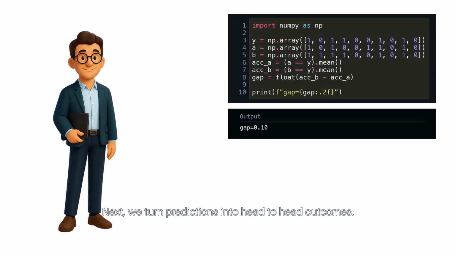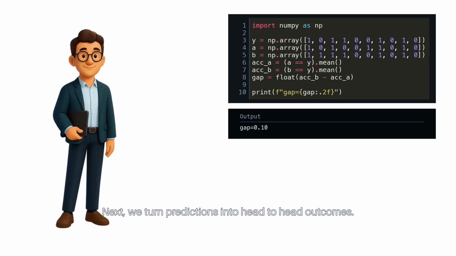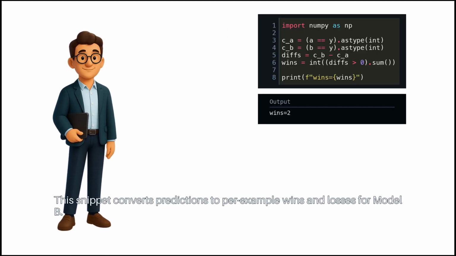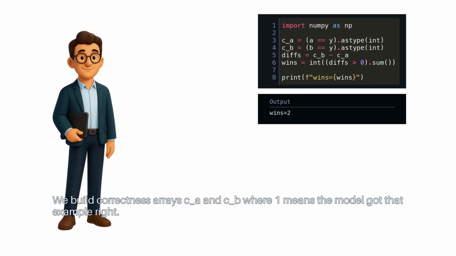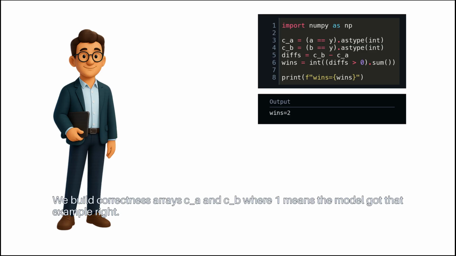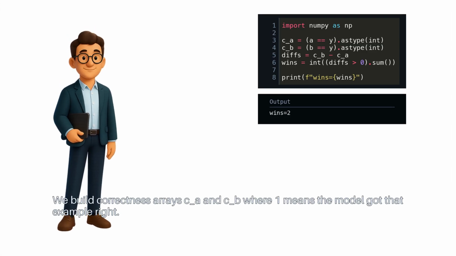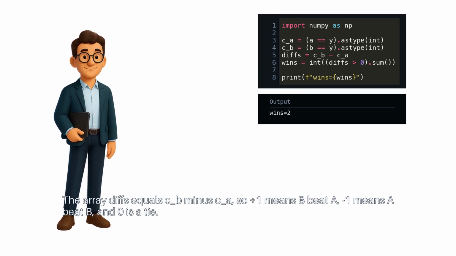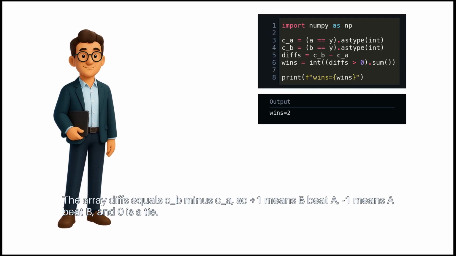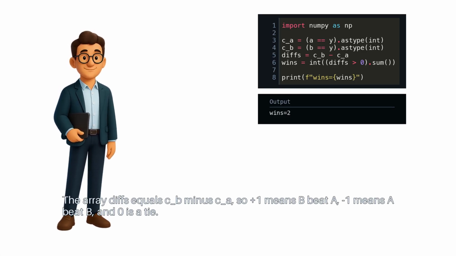Next, we turn predictions into head-to-head outcomes. This snippet converts predictions to per example wins and losses for model B. We build correctness arrays, CA and CB, where 1 means the model got that example right. The array diffs equals CB minus CA. So +1 means B beat A, -1 means A beat B, and 0 is a tie.